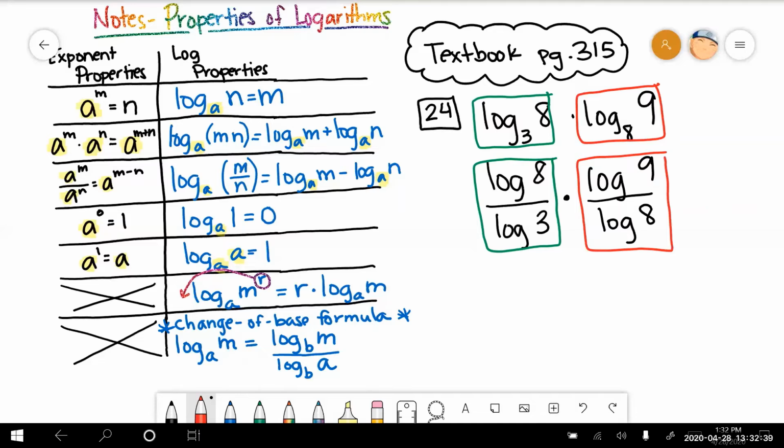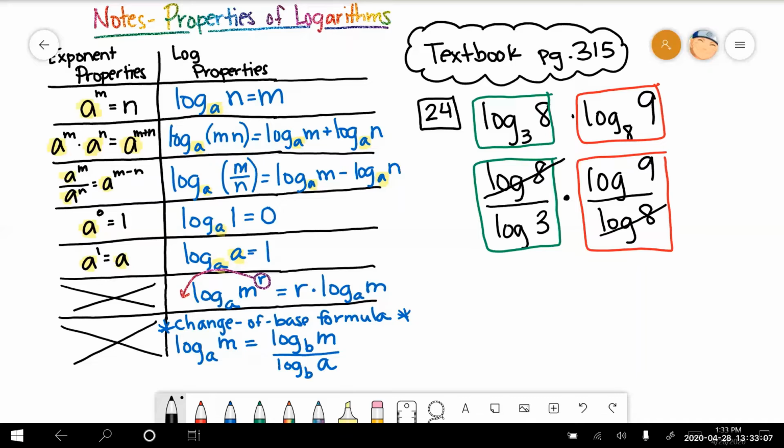And so, just as you might have expected or suspected, our book makes it so that things come out really nice, and lucky for us, we get this awesome opportunity to cancel out log 8. Now I mentioned we couldn't cancel at the beginning because those logs were separated by multiplication. But this time you have a whole log function that you can cancel out with another one.